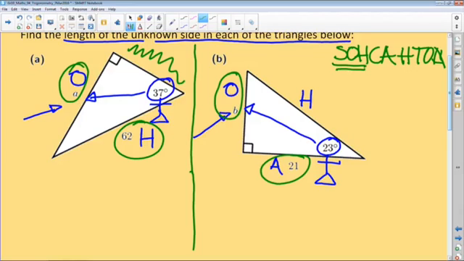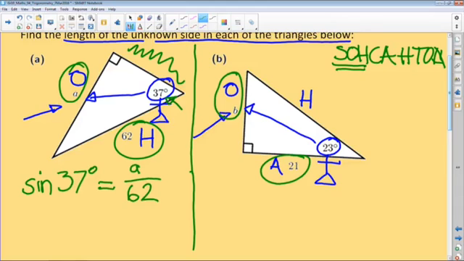So I must be using sine of theta. But it's not theta I'm using, is it? Because look at what's in little Helen's head. 37 degrees. So sine of 37 degrees is equal to the value of the opposite, which is A, over the value of the hypotenuse, which is 62.